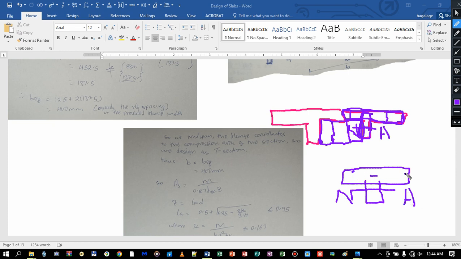So this portion here, this is the effective breadth. Effective flange breadth.